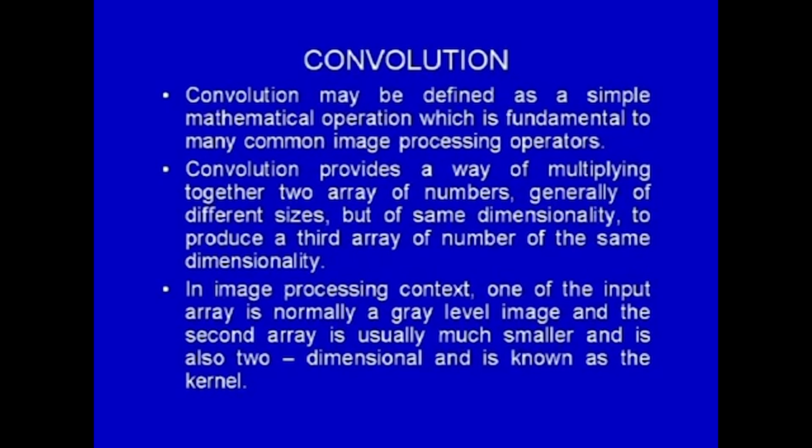In the image processing context, one of the input arrays is normally a gray level image, and the second array is usually much smaller and is also two dimensional and is known as the kernel.